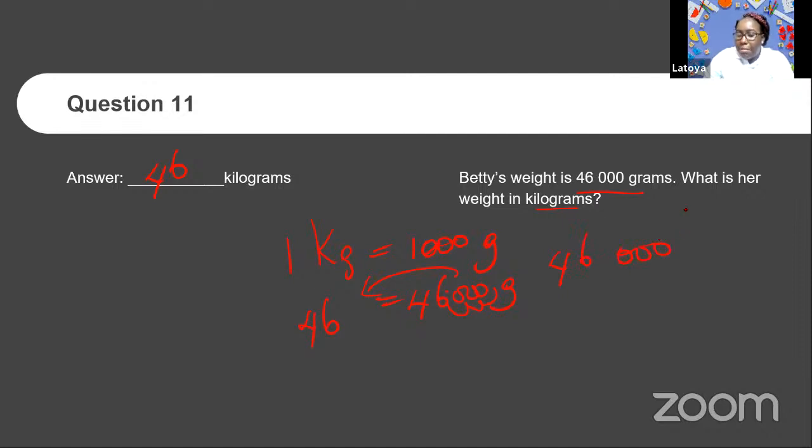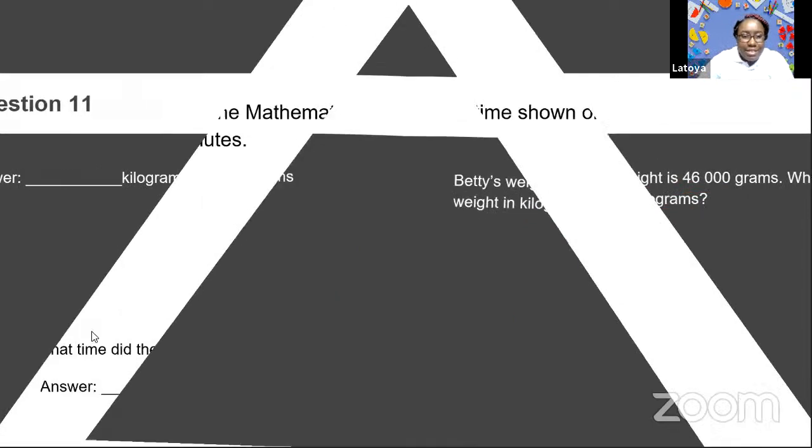We are dividing by 1,000, right? Very good, 1,000. We have 3 zeros. We're moving our decimal point, which is understood to be after the whole number, 3 times to the left. 1, 2, 3. Okay, so we are getting 46 kilograms. Yeah. I'm happy that you're seeing your mistake.